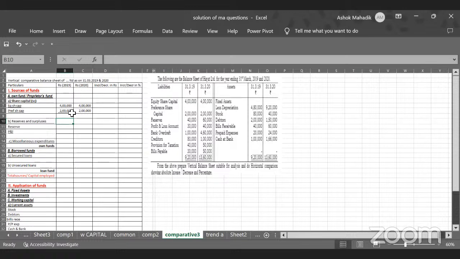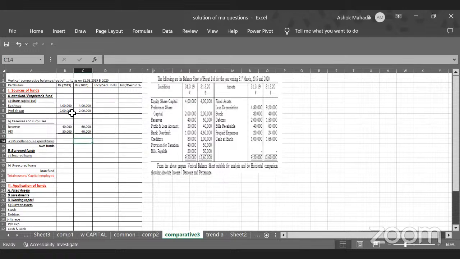Now we can see on the liability side, we have reserves and P&L. So these 2 items we can write below reserves and surplus. 40,000 and 60,000, I'll write down 40,000 and 60,000. P&L is also given, 30,000 and 40,000. Clear, students?